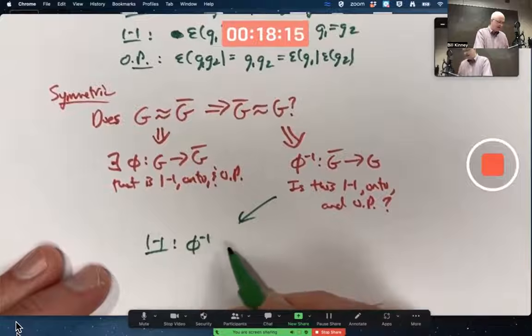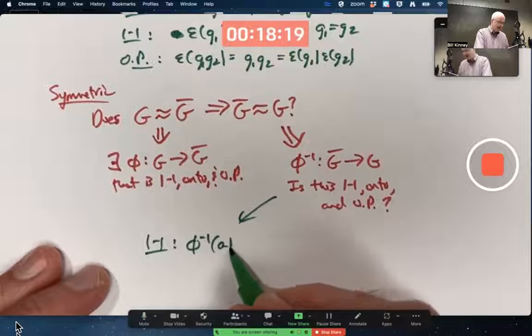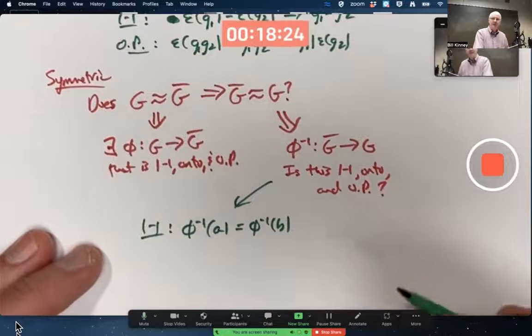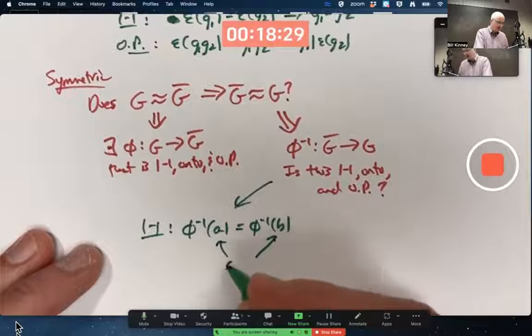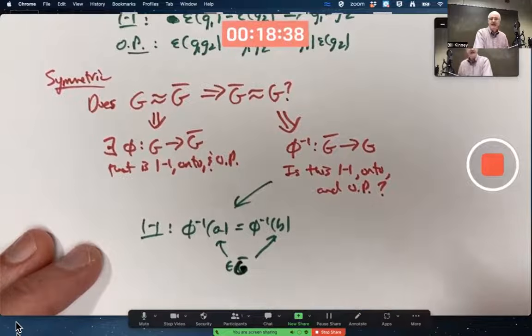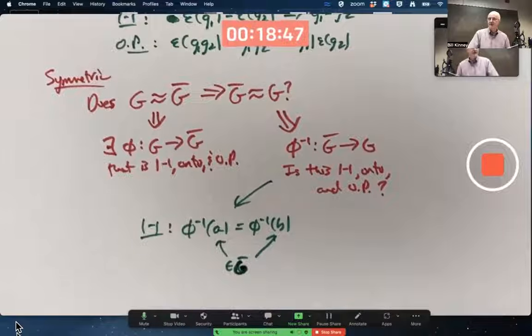If phi inverse of A equals phi inverse of B, where A and B are elements of G bar, it's good to keep track of that kind of thing. Does that imply that A equals B? You can use fundamental properties of inverse functions here.